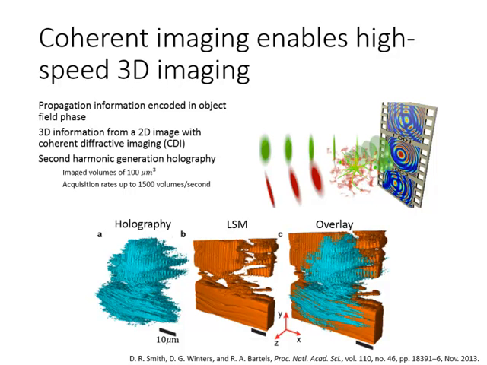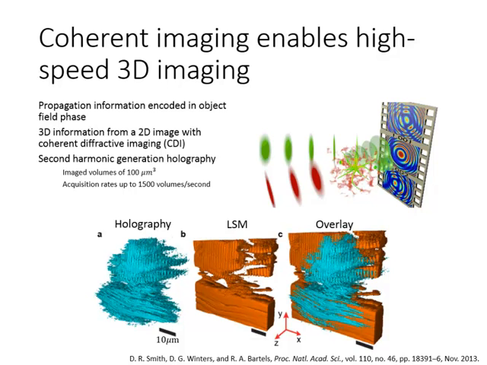From the hologram, we can reconstruct the image information along different Z planes, so we can get full volumetric images using holography that look quite comparable to those using laser scanning, but we can do so very quickly because it only requires taking a single two-dimensional picture.